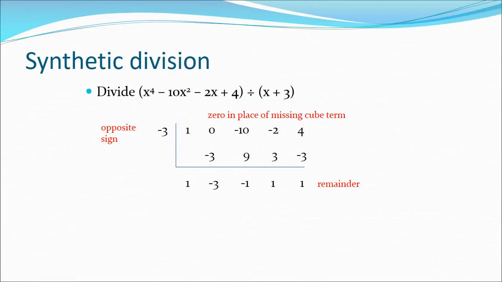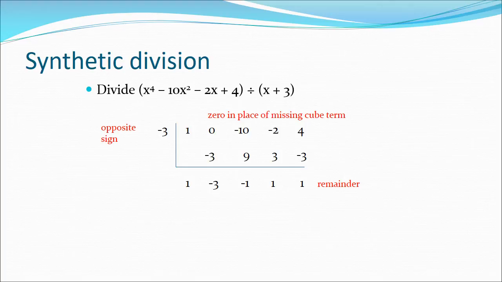Okay, so here's how we set up a synthetic division. Let's say we're going to divide x to the fourth minus 10x squared minus 2x plus 4 by x plus 3. First of all, notice there are no x's involved in this at all. We take them all out. Our x plus 3 is our divisor, so on the outside of our little half rectangle, we wrote a minus 3. Notice that the sign is the opposite, and you always want to do that.